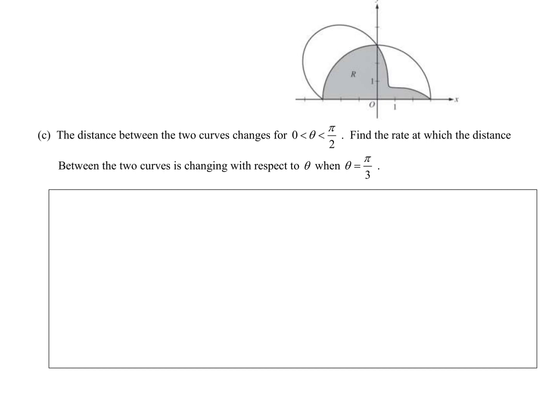Okay, this one some of you made way too hard. The distance between the two curves changes from 0 to pi over 2. So this distance, this distance, this distance, all these distances between the curves, right? Well, what is it really? When I'm looking at the distance between these two curves, what is the difference that I'm actually looking at?